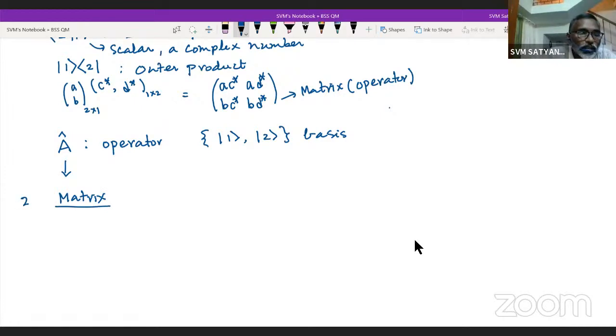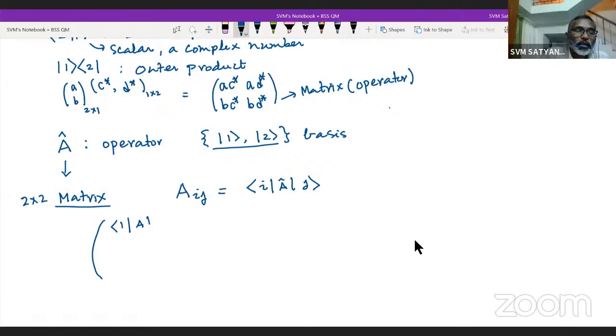It is a 2 by 2 matrix because there are two basis elements. How do we get this? We get A_ij as <i|A|j>. This is called the matrix element. In other words, this 2 by 2 matrix can be written as <1|A|1>, <1|A|2>, <2|A|1>, and <2|A|2>.